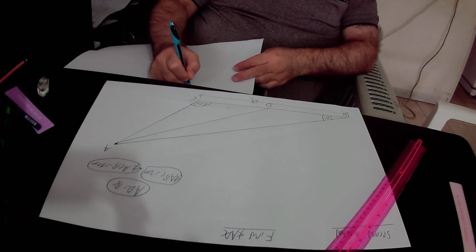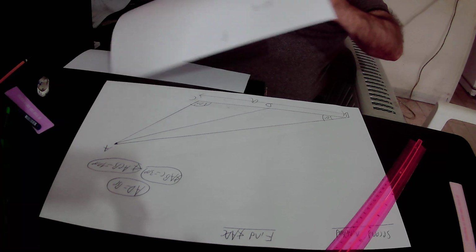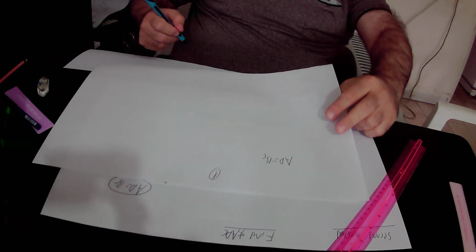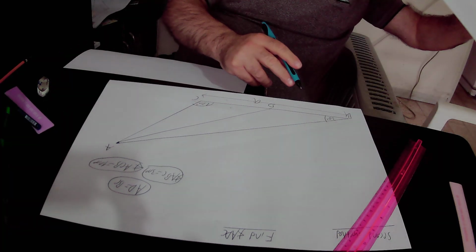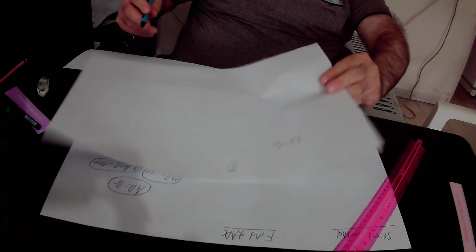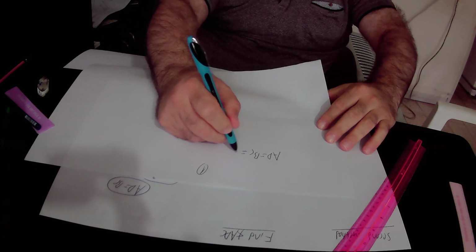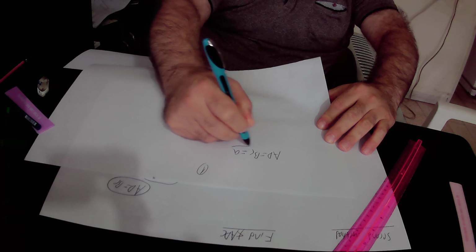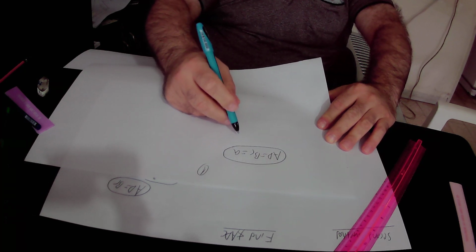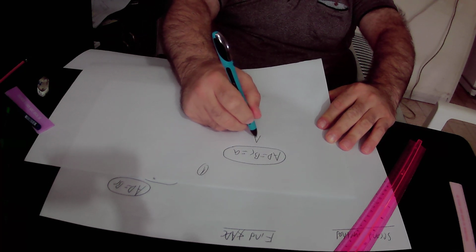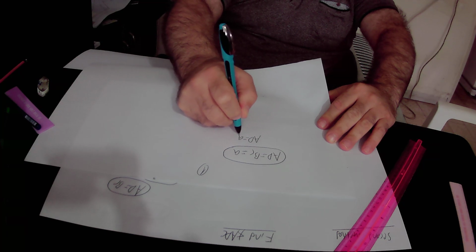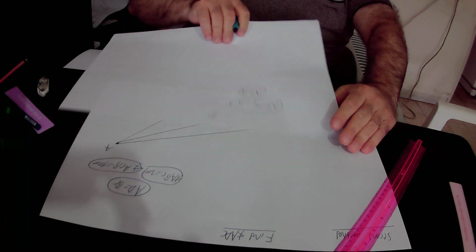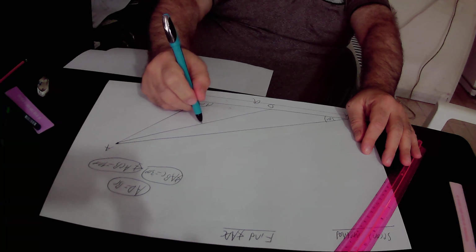AD equals BC according to what is given in the question, but from the other side we defined BC as A. That is to say, BC equals A according to our definition. From this equation, we derive that AD also equals A. So we can write here that AD equals A.